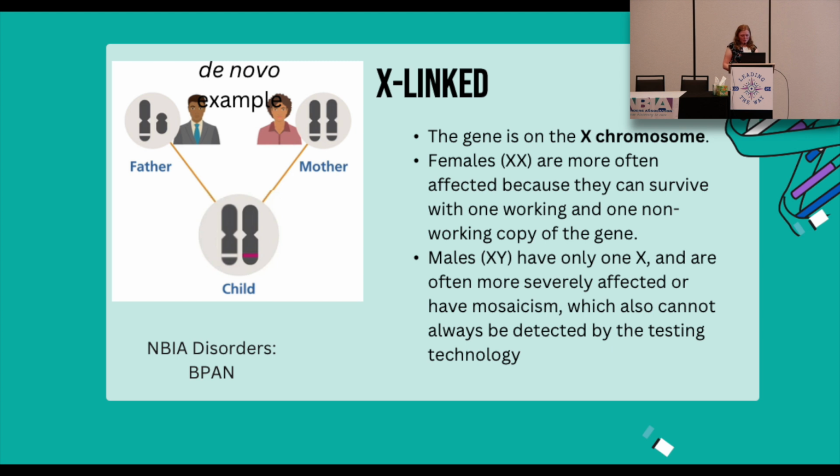And then this is the female example where one X is from the father, one X is from the mother, and then there was a de novo change, or a change that was new in the child that was not in the parents, that just happened spontaneously, and that child was affected as a female.